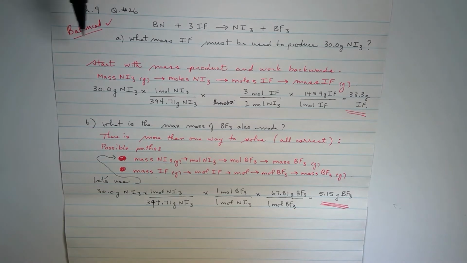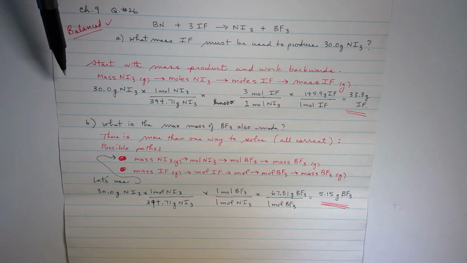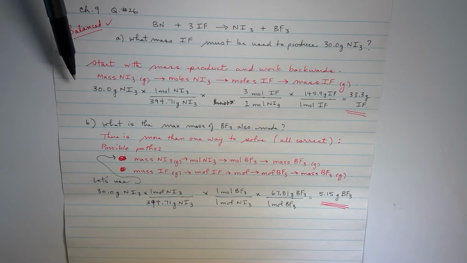As a reaction pathway then, if you like, or conversion pathway, we're not in the lab. We want to start with the mass of the product and actually work backwards. So people often ask, where do I start with this question? Do I start with a molar mass? What do I start with?